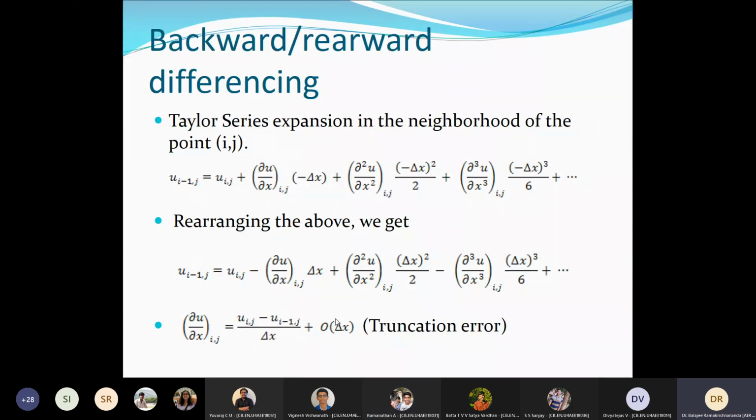Now you go to backward or rearward differencing. We have only 4 minutes left.